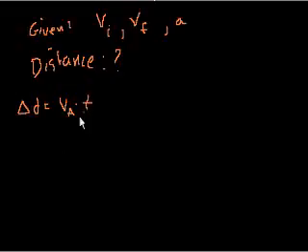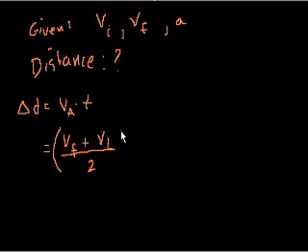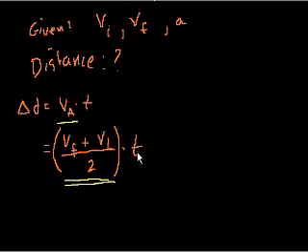Well, we know that the average velocity is the final velocity plus the initial velocity divided by 2. So that's the average velocity. This is the same thing as this, and then that times time.